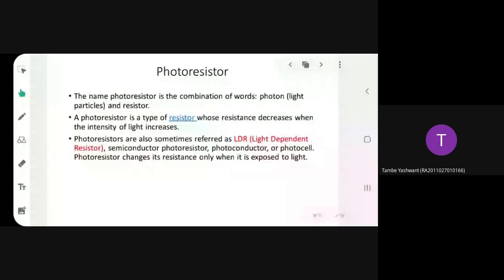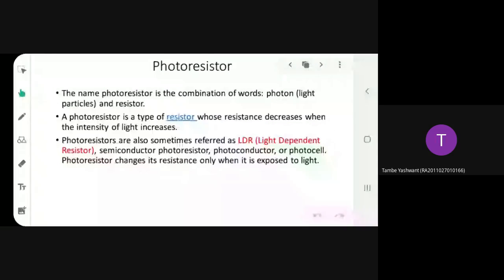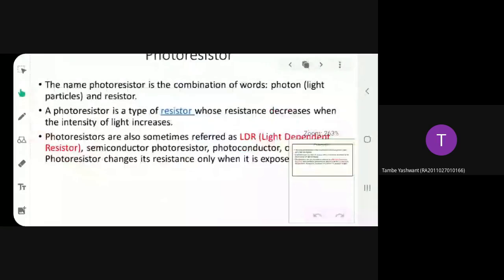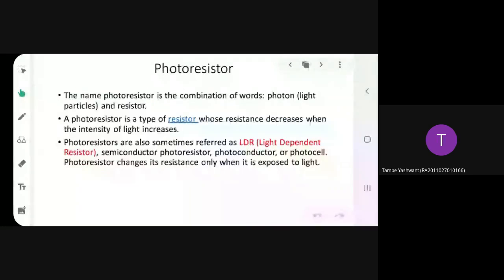Next comes your photoresistor. Photoresistor is also called what? LDR, that is light dependent resistance. Suppose you consider, for example, a traffic light or any street lighting assembly. If it is daytime, automatically the street light should be on or off?